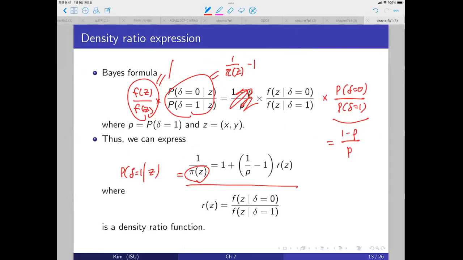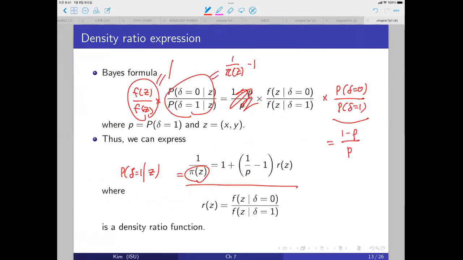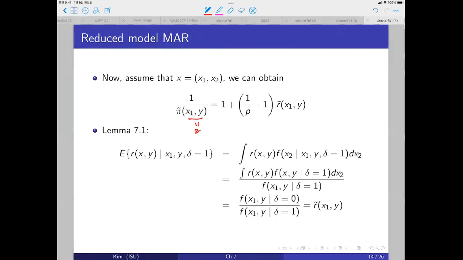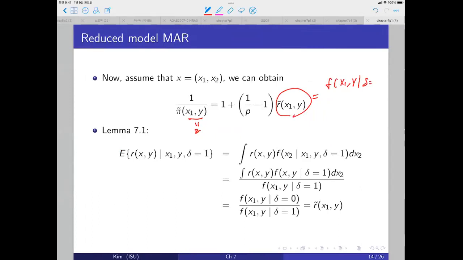So you can put z as x1 and y and apply this formula. Then you get this result, where this guy is a joint density of x1 and y given delta equal to 0, divided by x1 and y given delta equal to 1. So that's the definition.